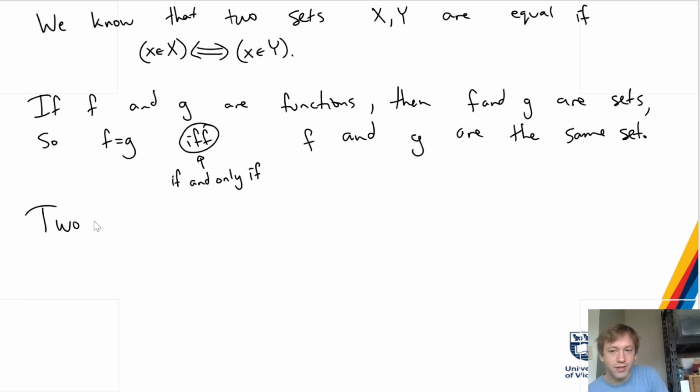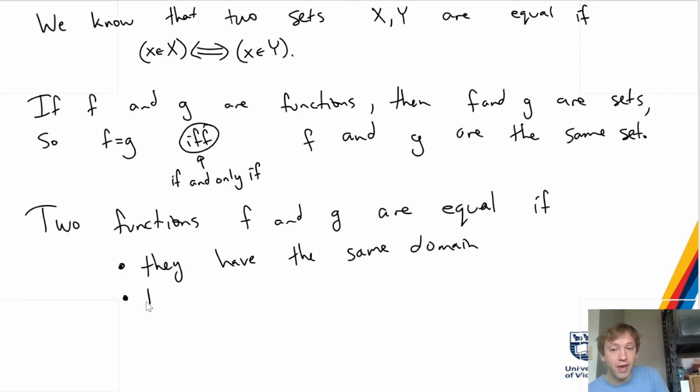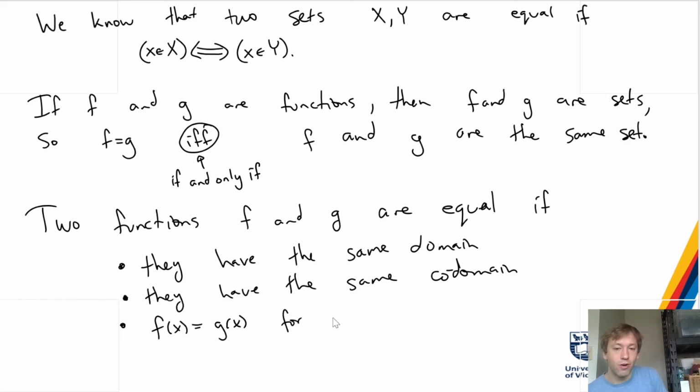So two functions f and g are equal. It turns out that this set definition given above is the same as the following definition: if they have the same domain, they have the same codomain, and f of x is equal to g of x for all x in the domain.